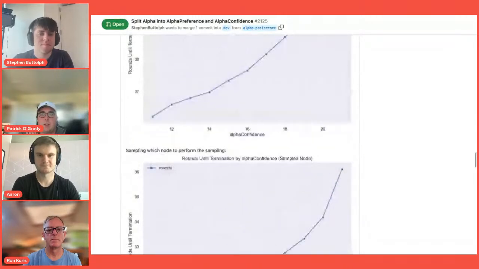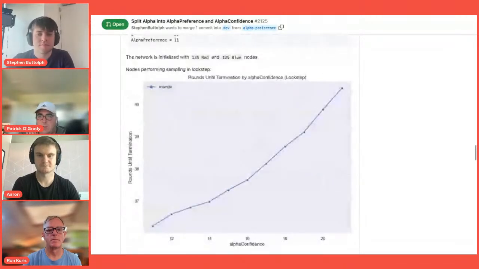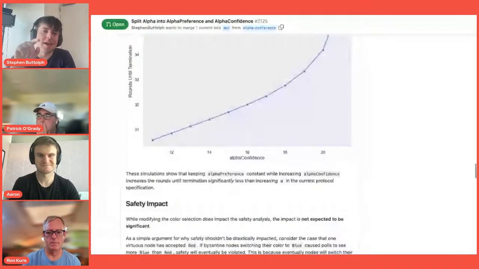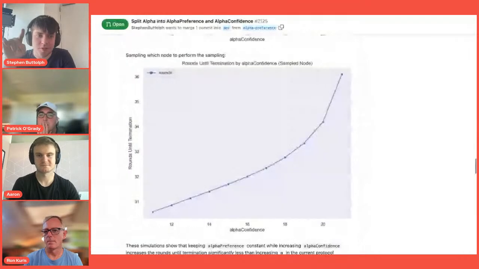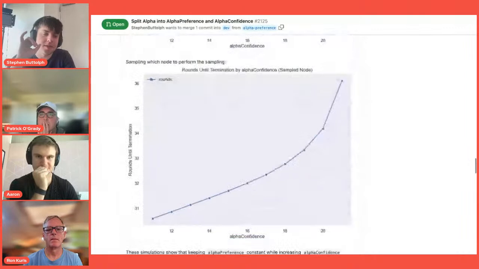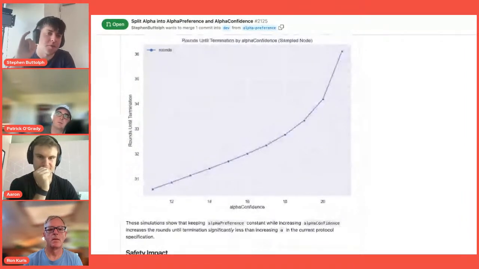So yeah, anything else you want to add on this one, Stephen? Just a real quick last comment. The last graph is showing basically the modified version with alpha preferences 11 with sampling the nodes.